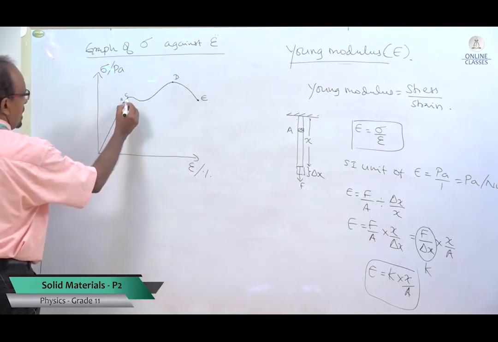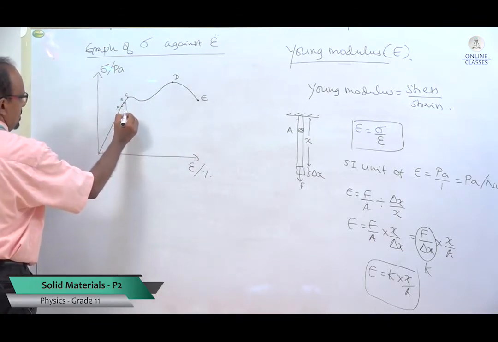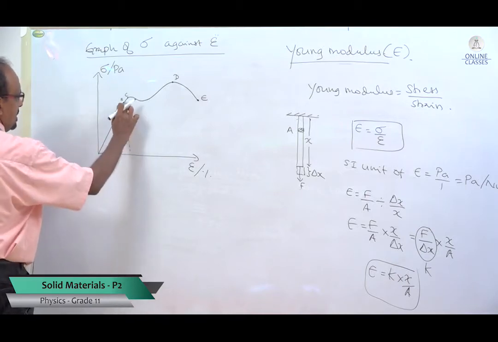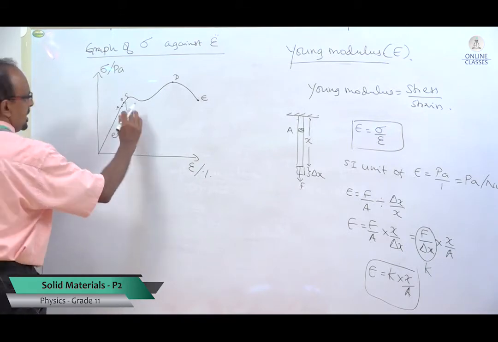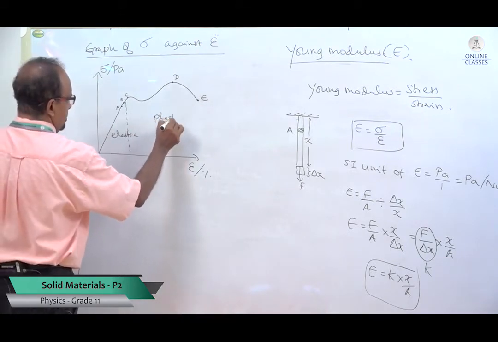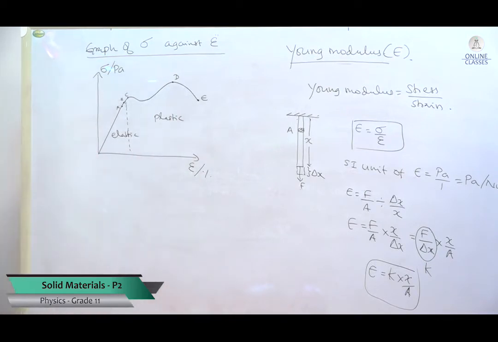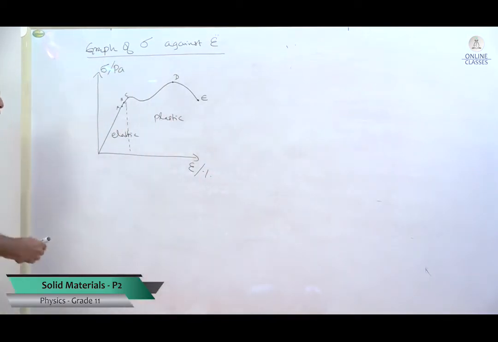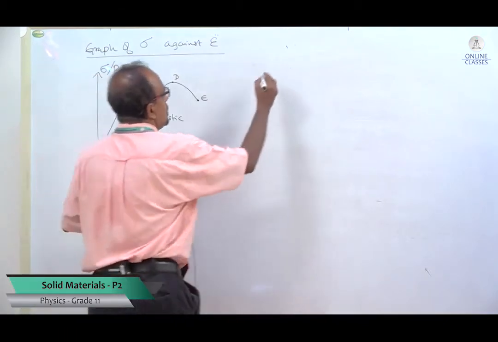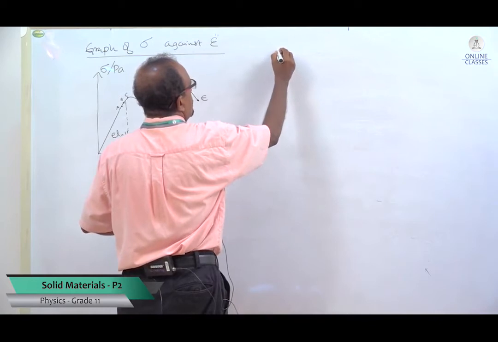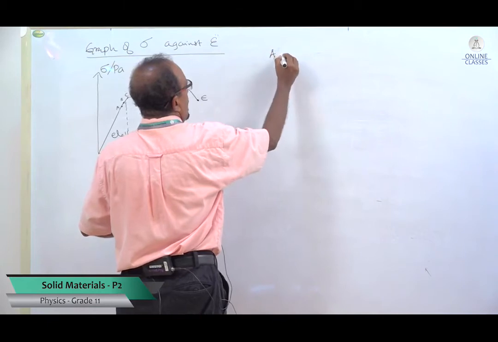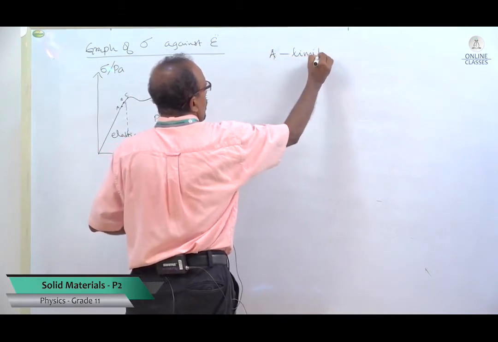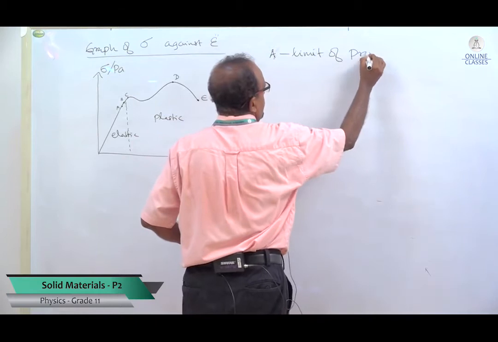Up to the elastic limit we can take this region as the elastic region, and beyond it is the plastic region. Now we see what is meant by point A. The point A we can say is the limit of proportionality.